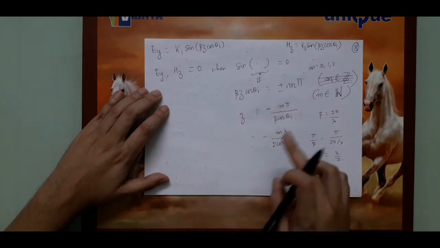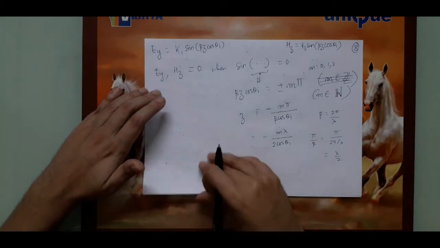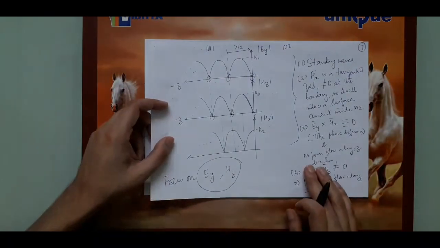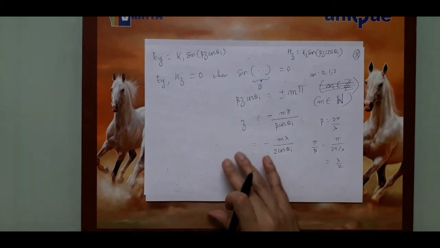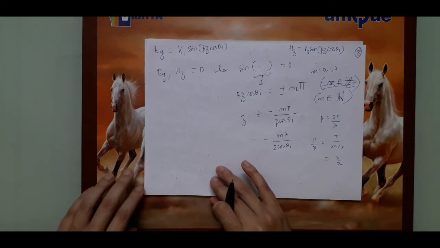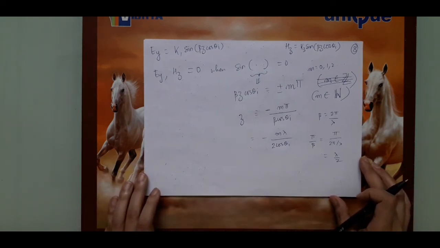So some integral multiples of lambda by 2 is where the Ey and Hz fields essentially become 0. This is the fact of the matter.